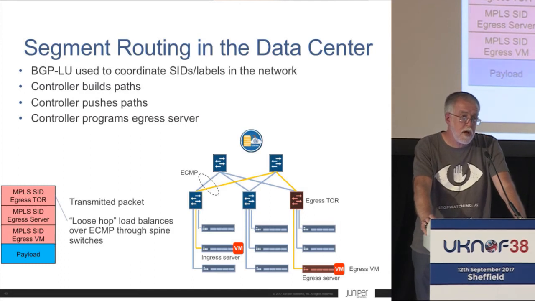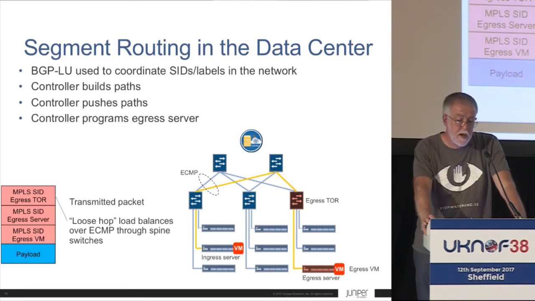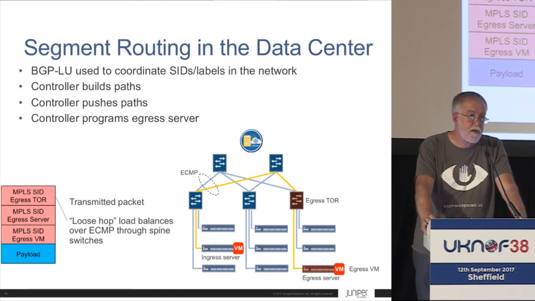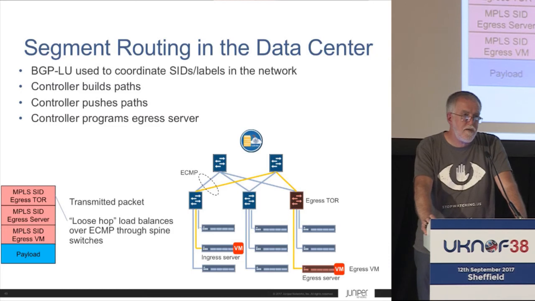And you build a stack of labels that basically say, this is the egress top of rack, this is the egress server, this is the egress VM, and then the payload. And now you can leverage those identifiers to move through the network and pop and go when you reach each one.